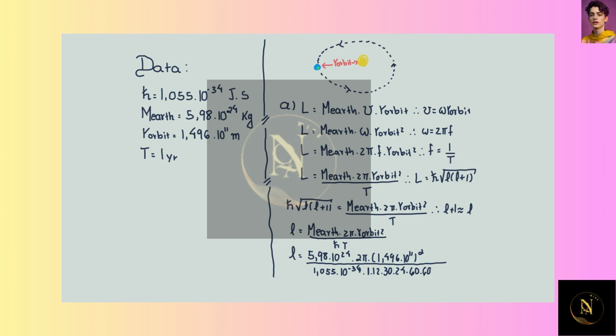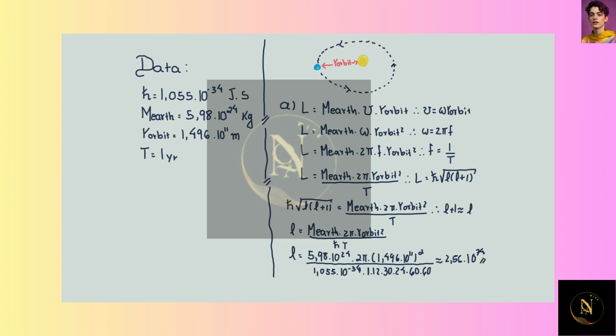So this quantity, 1 times 12 times 30 times 24 times 60 squared, is the number of seconds in a year. By proceeding with this calculation using a calculator, we get an orbital quantum number of approximately 2.56 times 10 to 74.